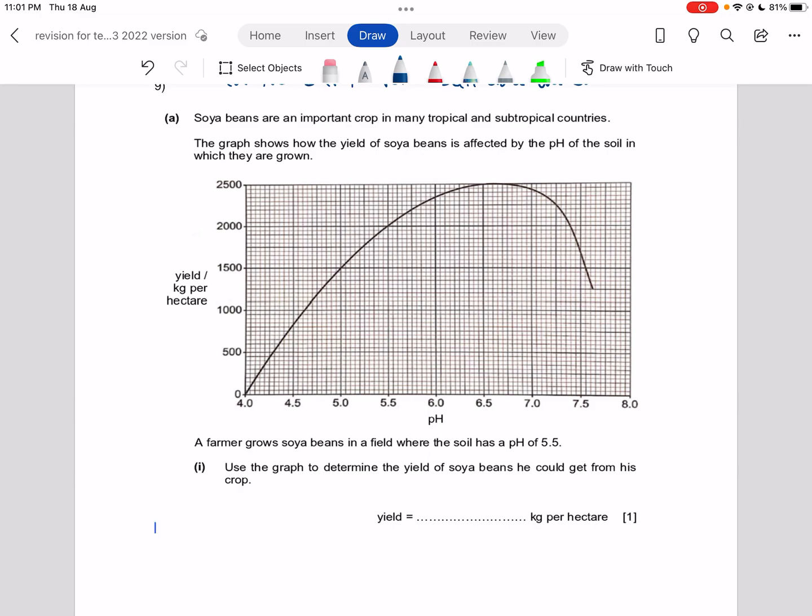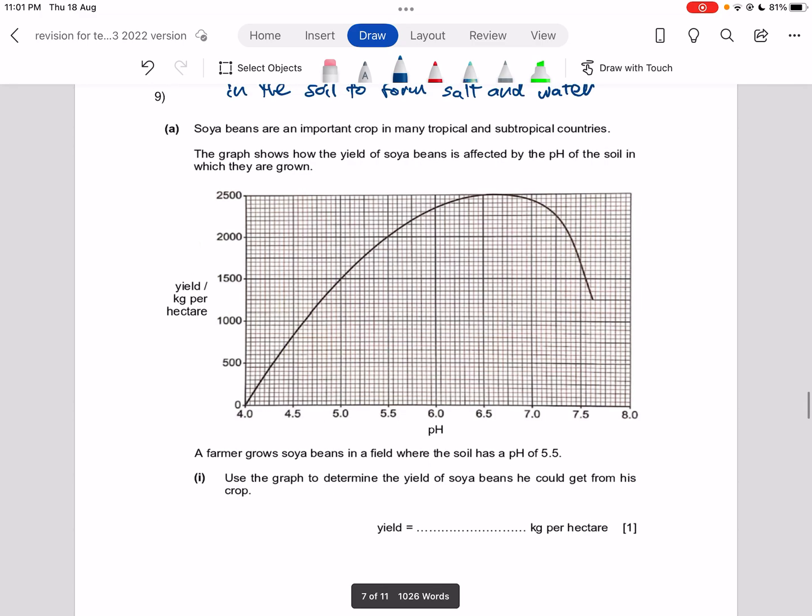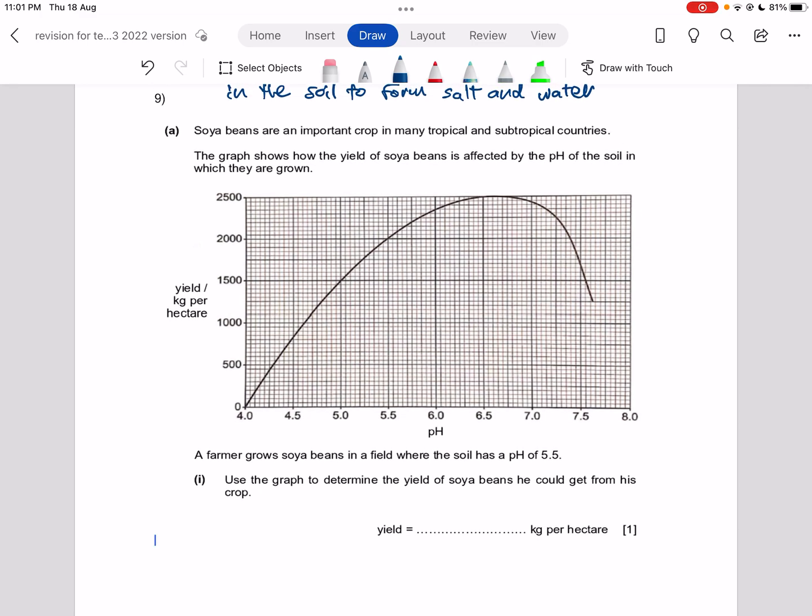Okay, let's have a look. Okay, so a farmer grows soya beans in a field where the soil has a pH of 5.5. Use the graph to determine the yield of soya beans he could get from his crops.